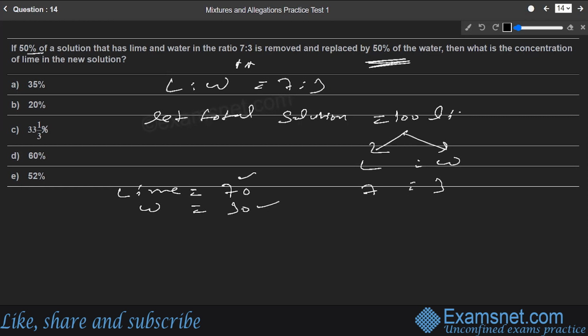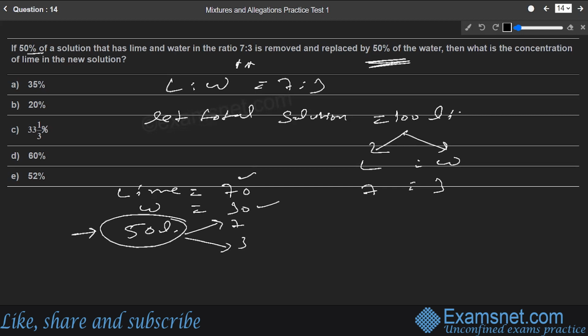Now they say what? 50% of a solution has been removed and replaced. So 50% has been eliminated. So that means 50 liter has been eliminated. So in that 50 liter also, whatever has been the eliminated part, the ratio of lime is to water would have been 7:3 only.